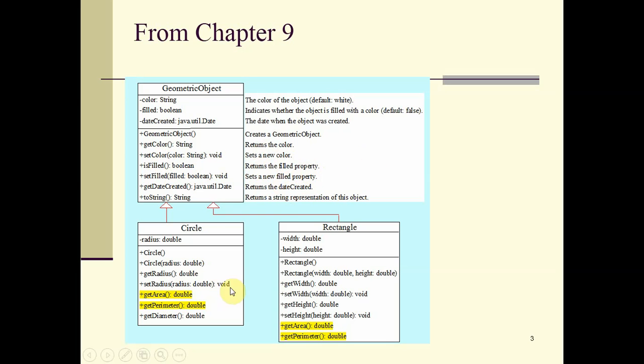What is highlighted here is getArea and getPerimeter, and you also have getArea and getPerimeter here. So actually these two methods are inherited from the geometric object.